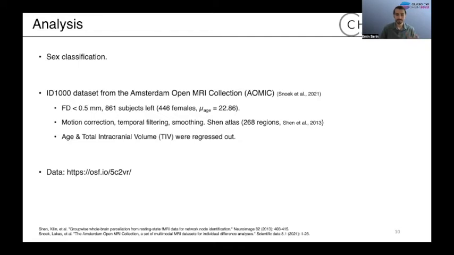After pre-processing, I parcellated the brain images using the Shen atlas, which contains 268 brain regions, and then used the Pearson correlation coefficient to construct a connectivity matrix for each subject. In today's analysis, we're also going to control for the confounding effect of age and total intracranial volume.